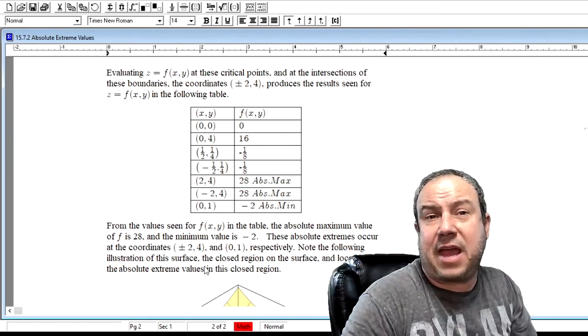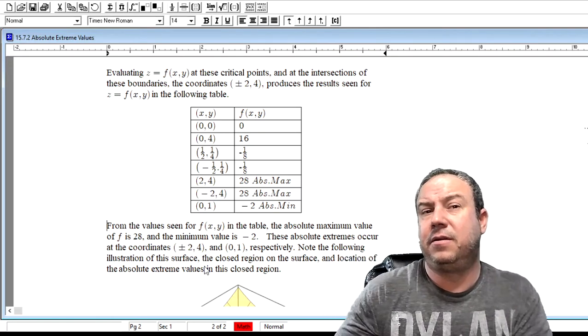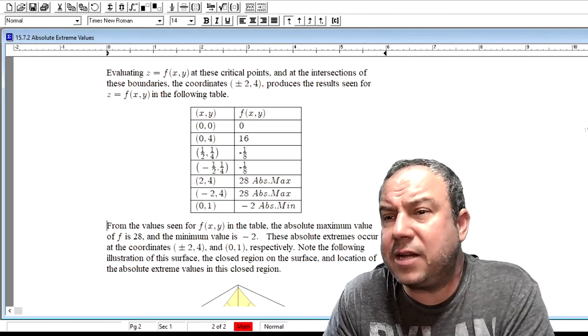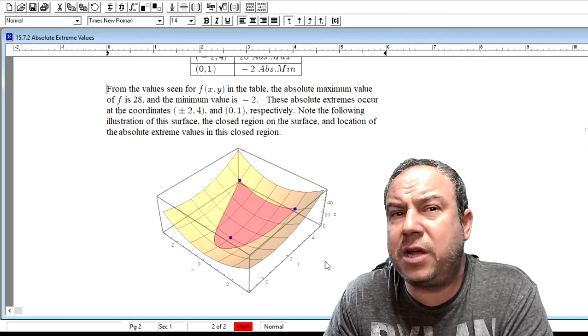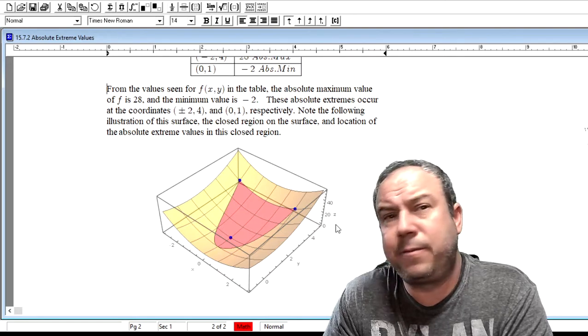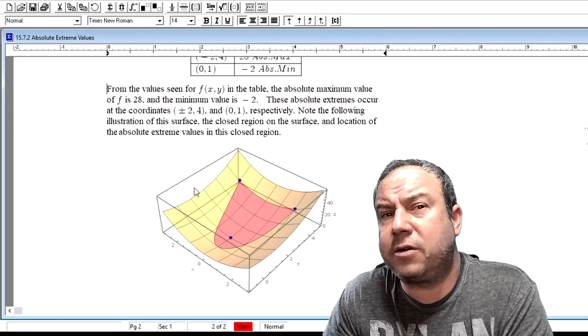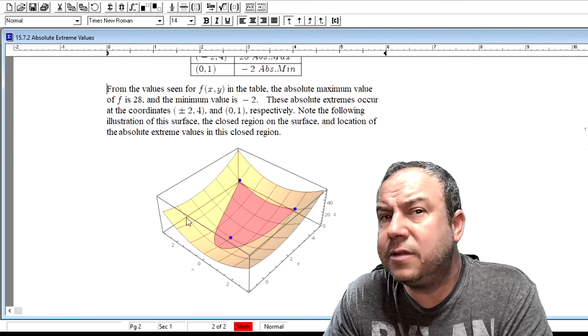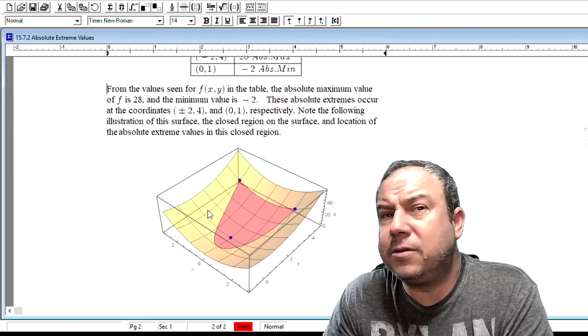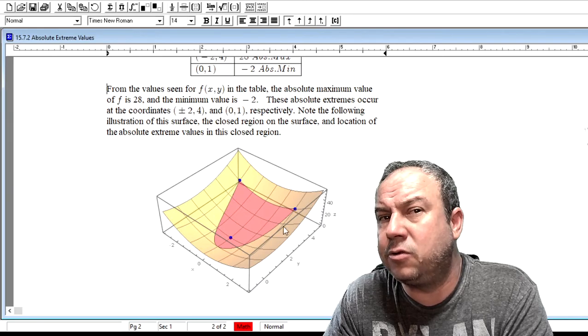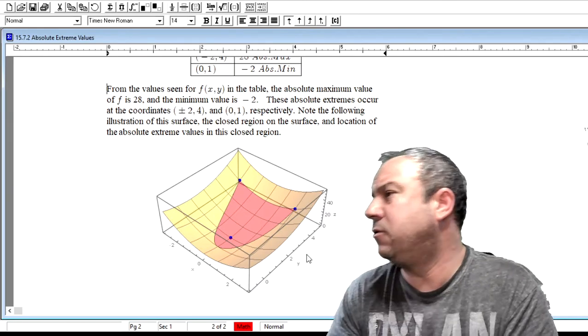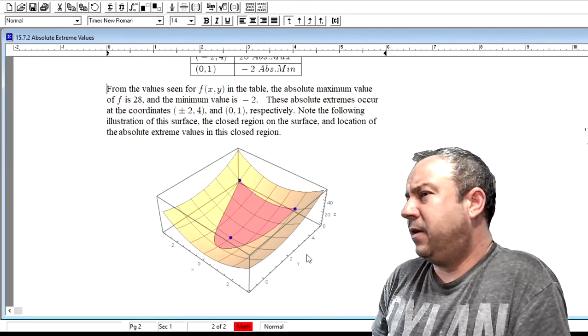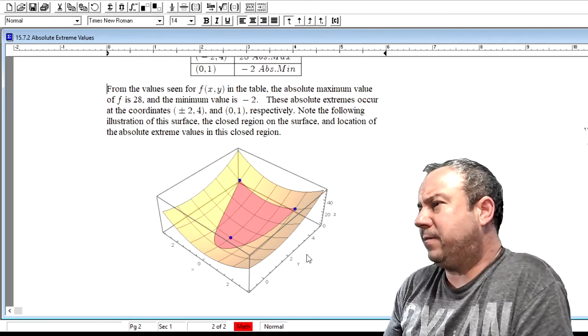I do make note of that here, respectively. We can actually look at the following illustration of this region, folks. Here is our surface, where we're only interested in being on our surface in this closed region. You can see I've highlighted that closed region on our surface in a different color.